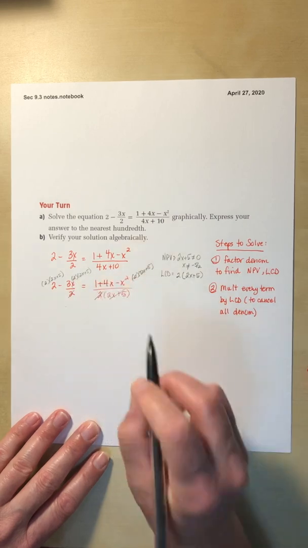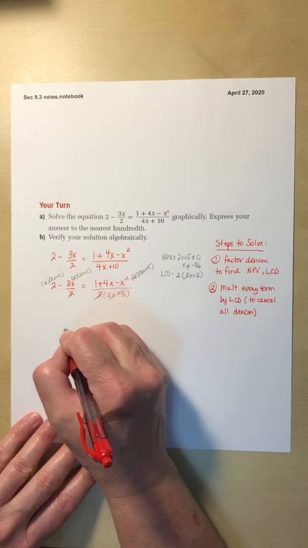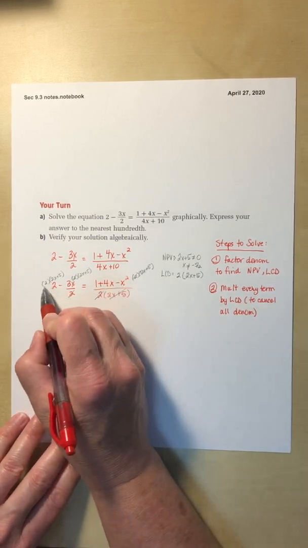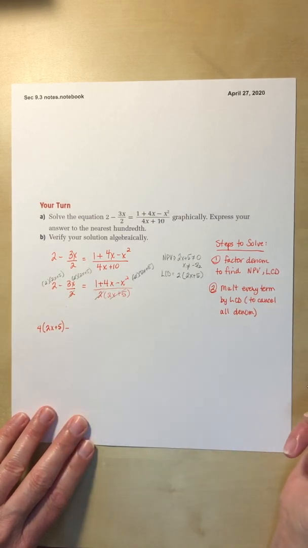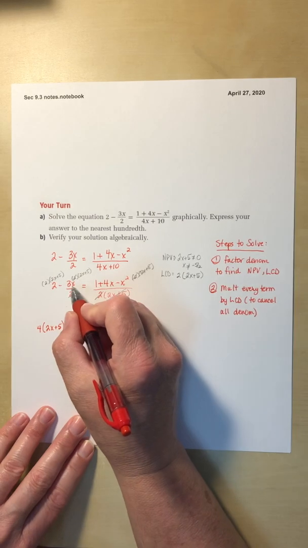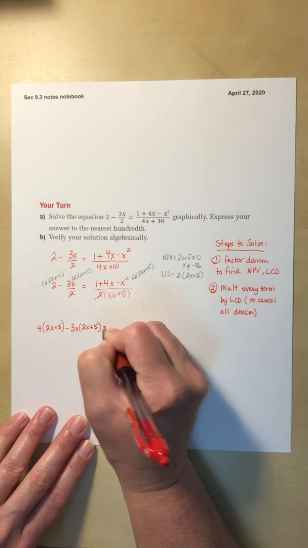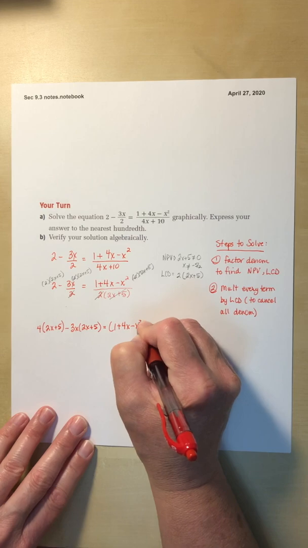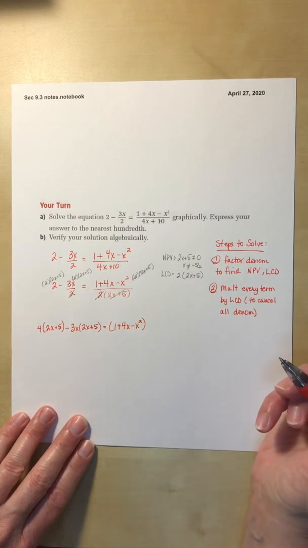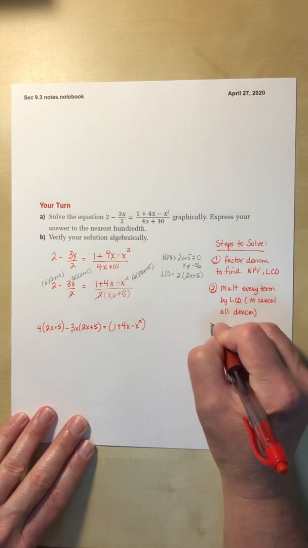The 2 would cancel with the 2, and that would mean for the first term, in front of the subtracting sign, we'd have 2 times 2, which is 4, and then that 2x plus 5. We have a 3x and a 2x plus 5, and we have that trinomial. Oh, I guess it's not being multiplied to anything, so I didn't need the brackets. But what we end up having is an equation now with no denominators.